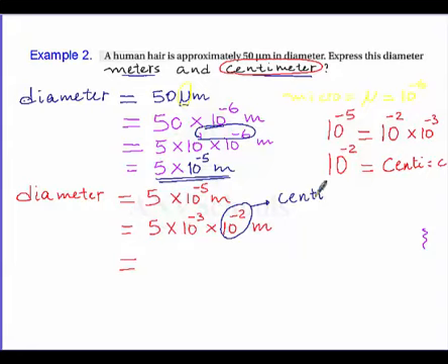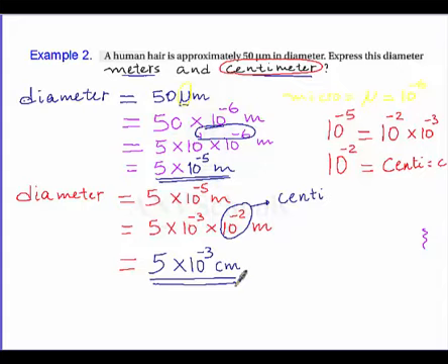So this is equivalent to 5 multiplied by 10 to the power of negative 3 centimeter. That's all. This is how we change the given diameter to centimeter and meter.